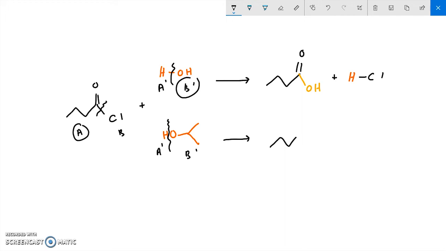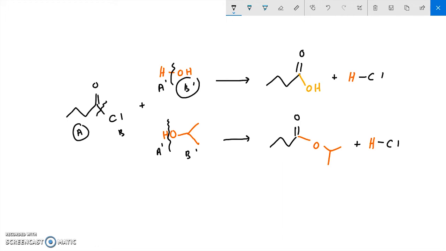The 4 carbons from the A part are going to attach to the B prime from the alcohol. As you can see, the bond is broken at the oxygen, so it needs to attach to the oxygen first, followed by the attachment to the 3 carbons. The side product will be the hydrogen from the alcohol, which combines with the Cl from the butanoyl chloride.